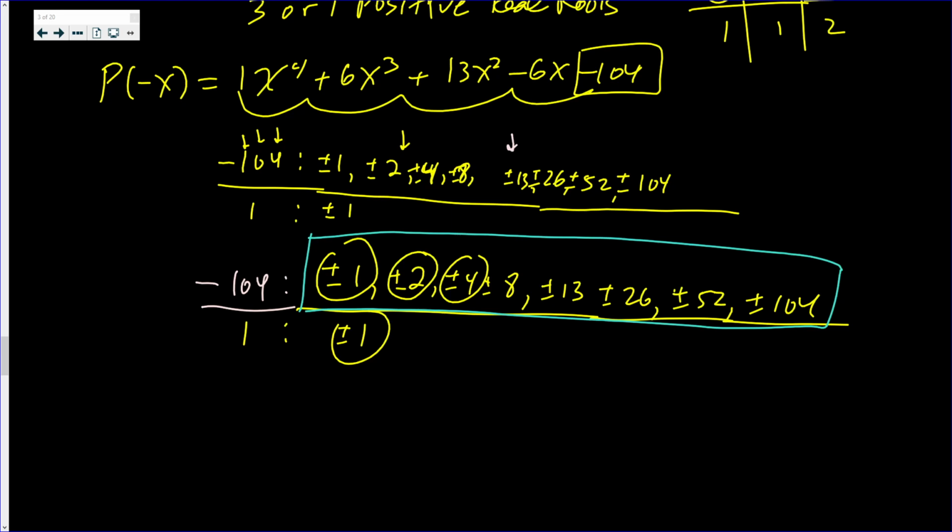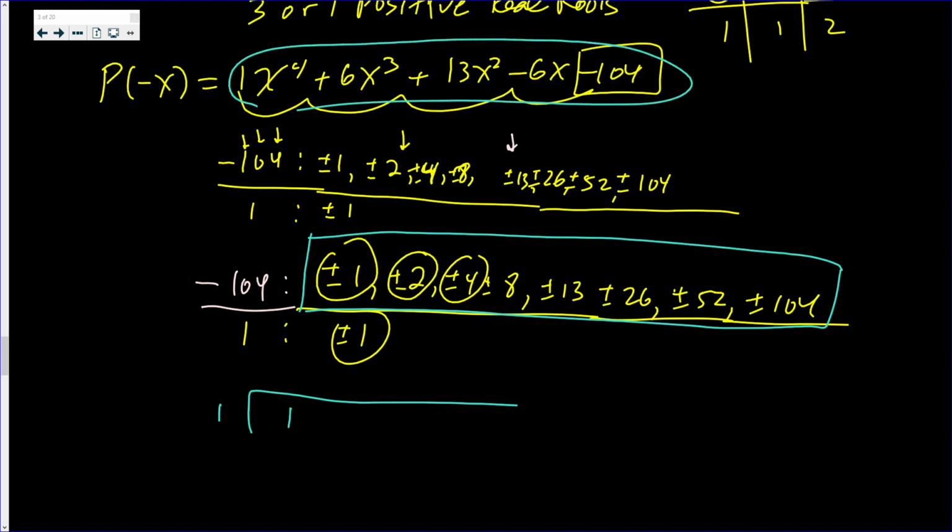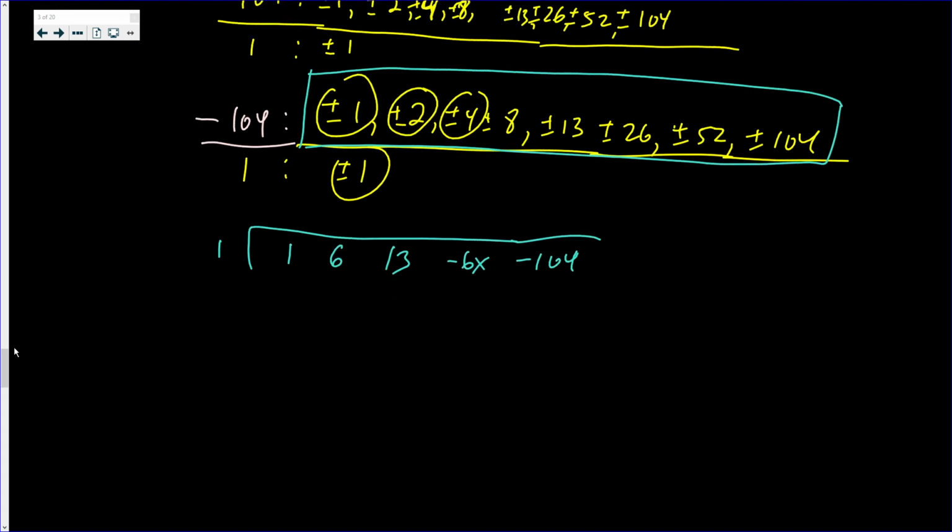I would use the rational root test. Let us test for number 1. I'm copying down this polynomial up here, just the coefficients: 1 for x to the 4th, negative 6 for x cubed, 13 for x squared, 6 for x, and the constant is negative 104. Always at the beginning, you put a 0.